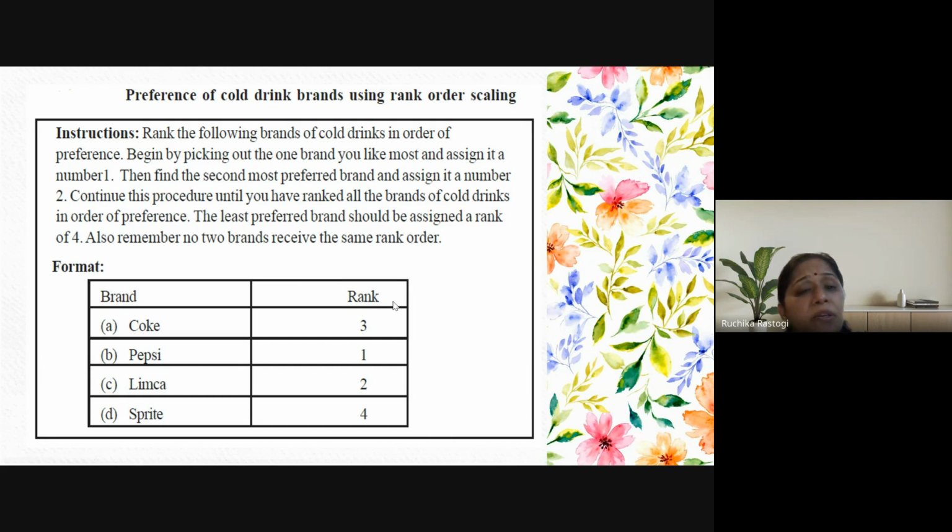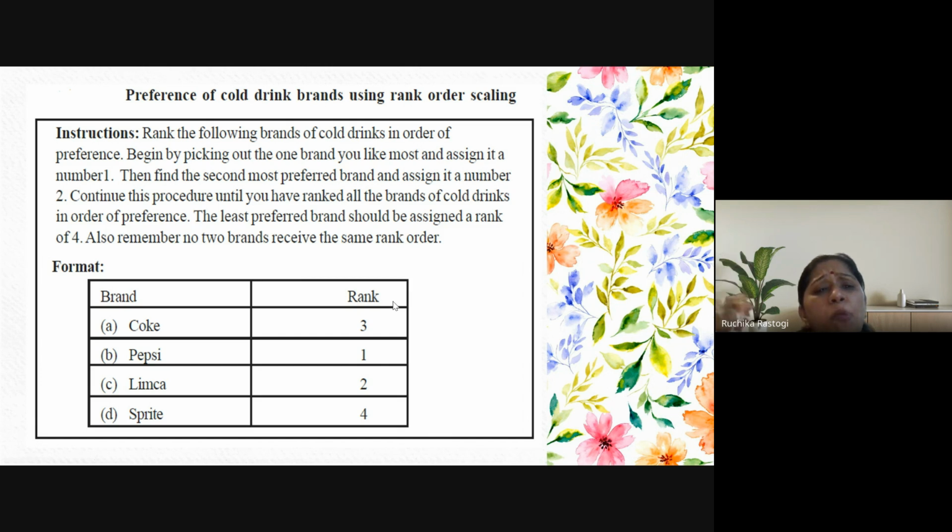Likewise, when you are about to make some comparison among these four goods, these four brands, the same example is taken. The least preferred brand should be, it's up to you, whatever rank you want to give. You can mention in your questionnaire that the least preferred rank will be marked 1 and the most preferred rank will be marked 4.